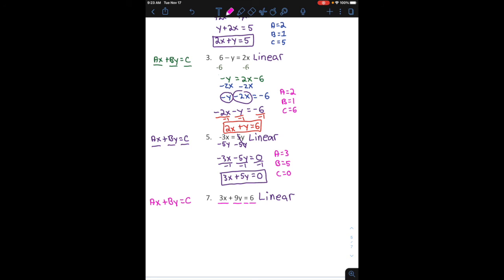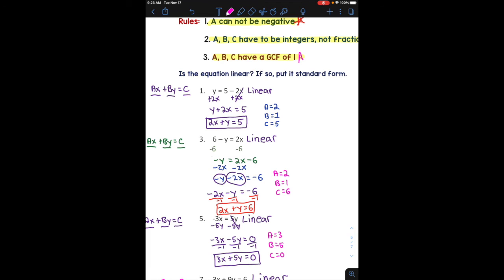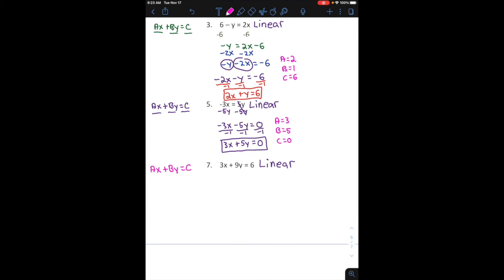However, this is a tricky problem because there is a rule that we noted before, rule number 3, that a, b, and c have a GCF of 1. What does that mean? In this case, a is 3, b is 9, and c is 6. If all of those numbers are divisible by the same number, we're going to divide, almost like simplifying the equation.